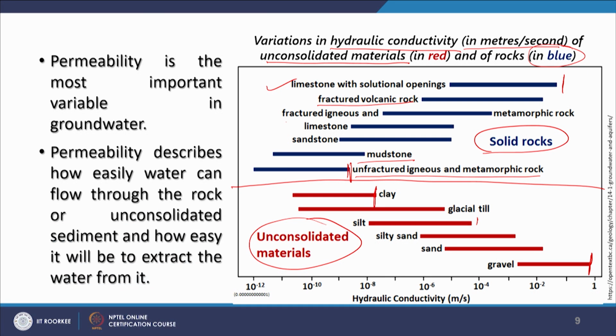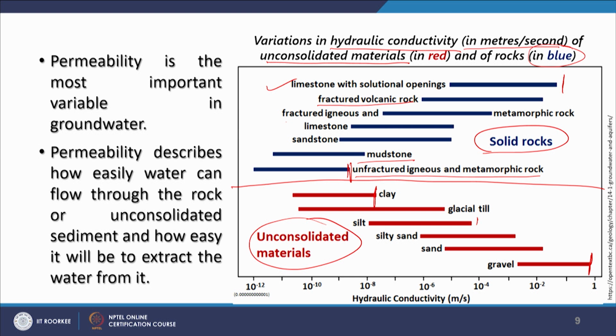Now, as we know, permeability, which we are looking at here as hydraulic conductivity, means that it allows the water to flow through the rock formations, whether unconsolidated sediments or rocks, and how best we can extract the water from it.